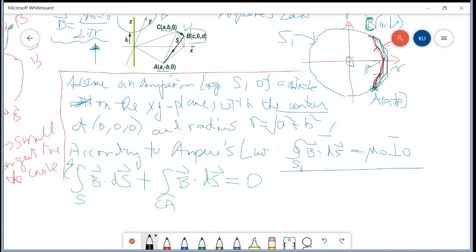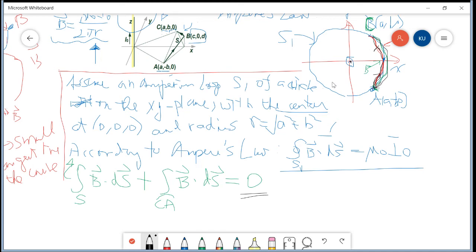So this is another Ampere's loop, and the current enclosed by this loop is of course 0, because the only current is here. So this current doesn't go through this Ampere's loop. So on the right hand side, it should be 0.